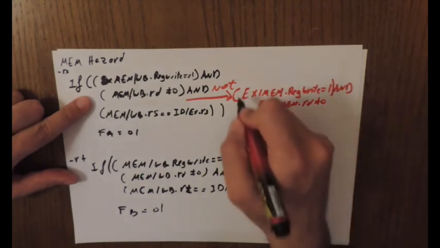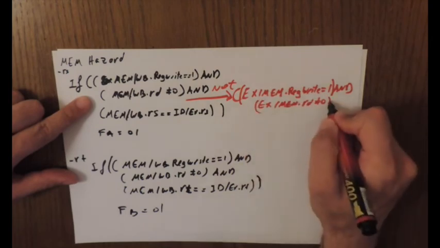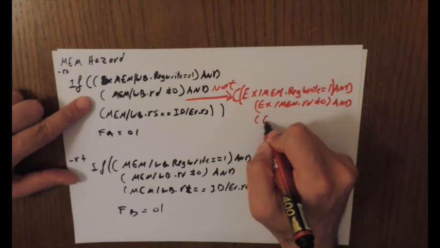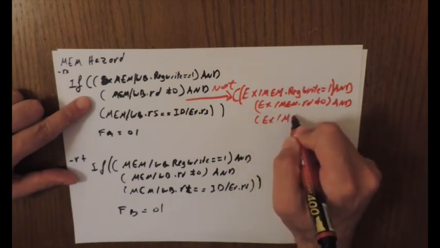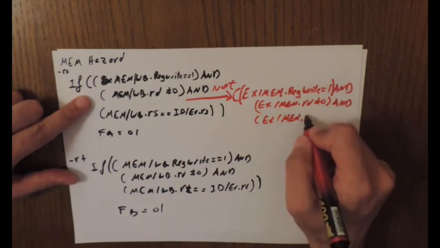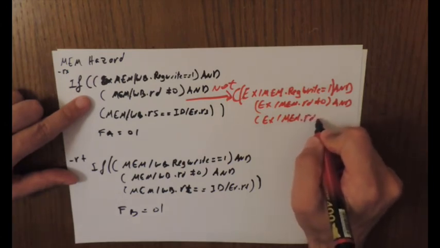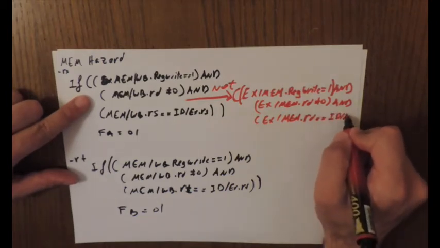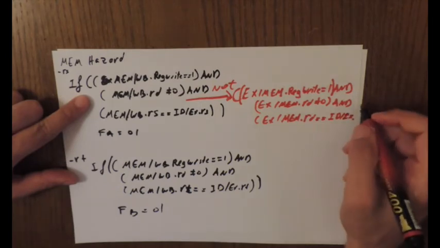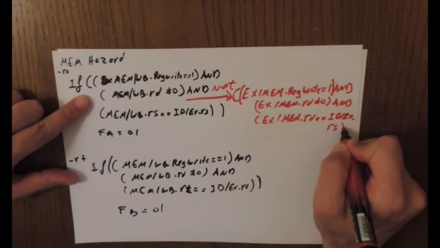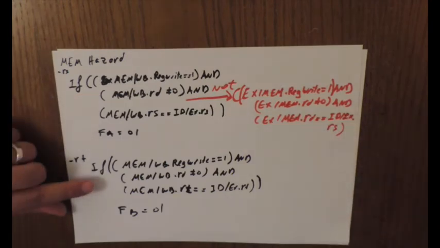Let's put this like this, and EX over memory dot RD is equal ID over EX dot RS. So here I made a mistake.